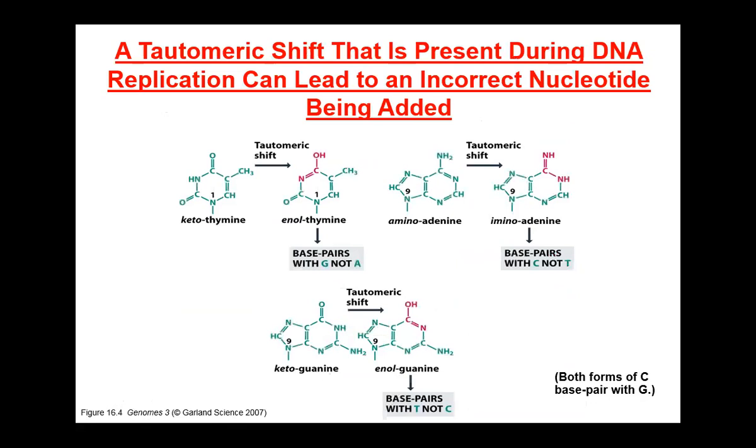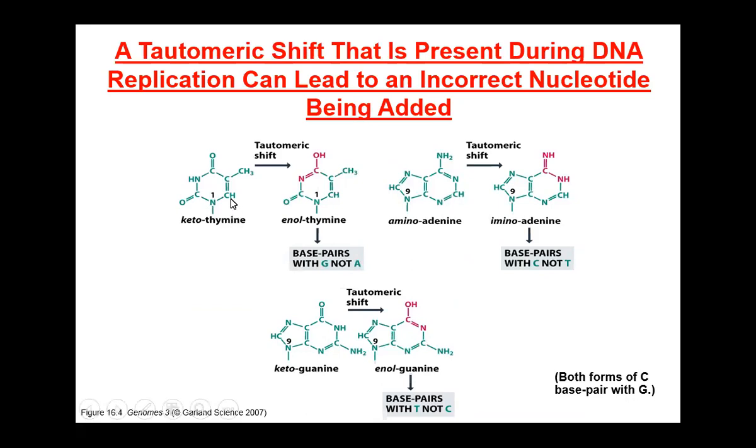Another example is shown here. Remember, back when we were talking about DNA, I brought up the idea of tautomers and how the bases in the nucleotides can undergo spontaneous shifts in their structure.